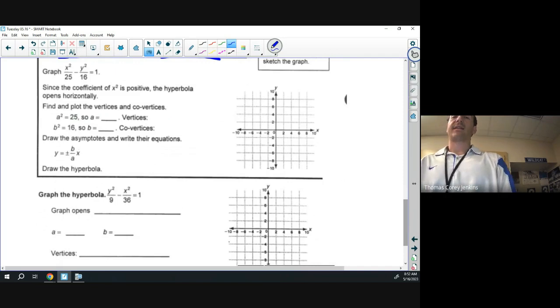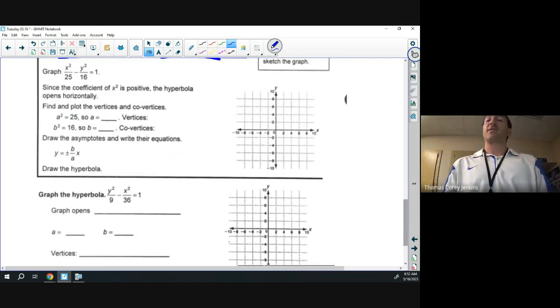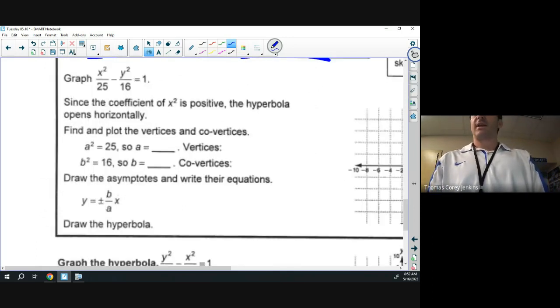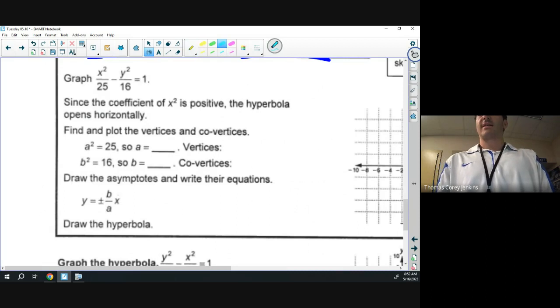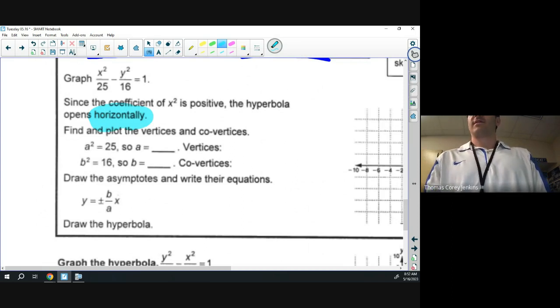All right, so our task here is to graph the equation x squared over 25 minus y squared over 16 equals 1. One thing that we note early on in the process is that x squared comes first, so it opens horizontally. And now we'll go into our a and b stuff. So a squared is 25, so a is 5.